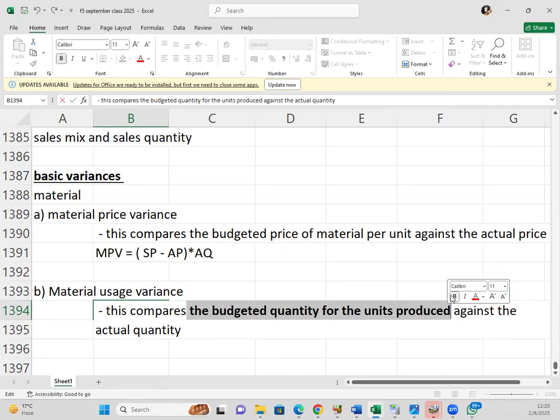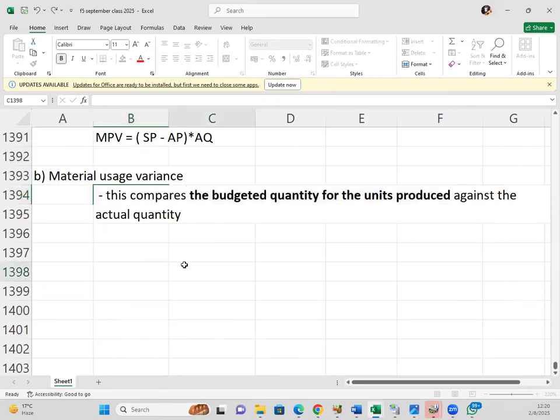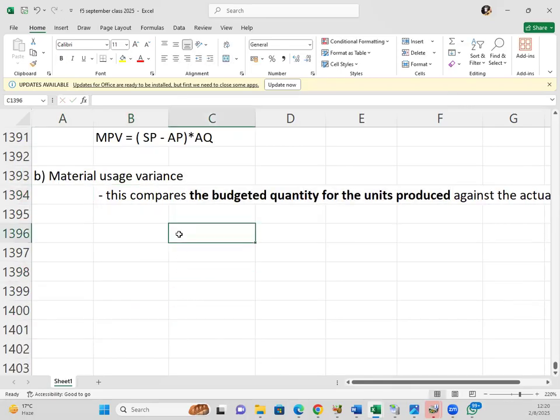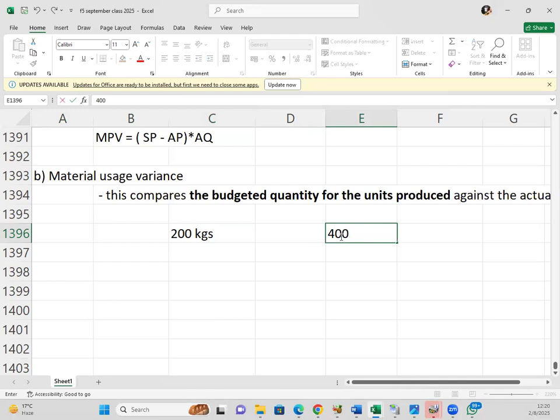Meaning what? Sometimes we can budget to use 200 kgs, but this is being budgeted for 4,000 units.